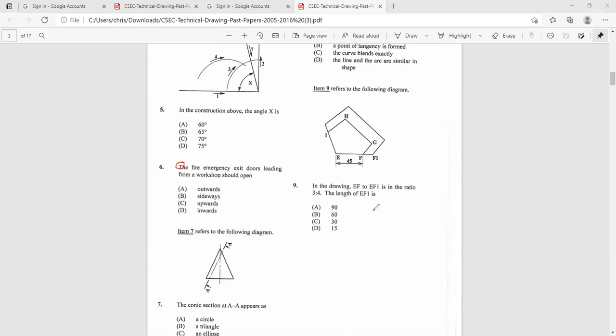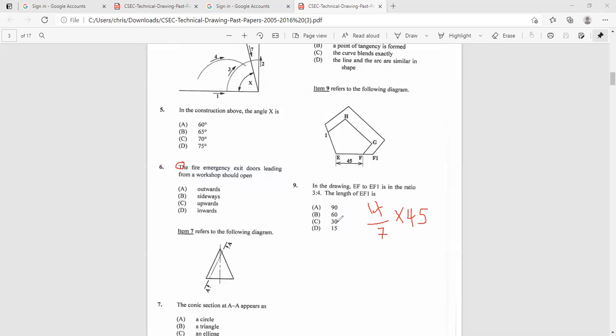So this would be 4 over 7 by 45. So we have 4 over 7 and we have 3 over 7. You don't even need to do maths. You realize that this is 60 because it could not be 90, because it's not double, and it is more.